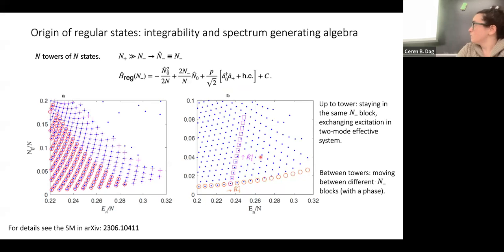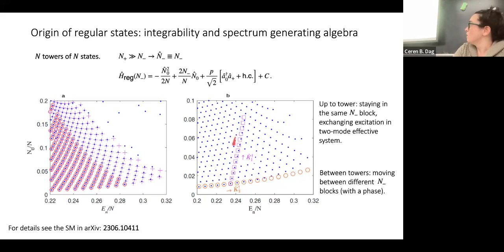I'm not sharing the expressions for the operators that generate these states, because they're not especially illuminating, but you can see them in our supplementary material if you'd like to. But I'll explain how you can think about them. You can see that there are these n towers, and in each tower there is a number of states that's proportional to n.